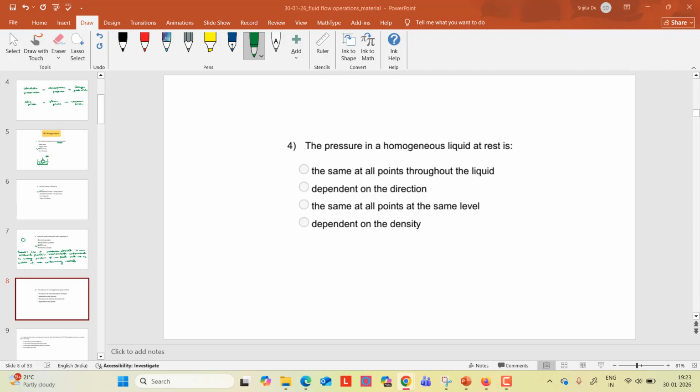Suppose there is water, and water is at rest. So, pressure has to be the same at all the points, right? But it has to be at the same level, because we have just seen in the lecture that pressure varies with depth, but it does not vary with the horizontal position. So pressure may be different at this position and this position, but it is not different at this position. This is the same pressure. So it is the same at all points at the same level.